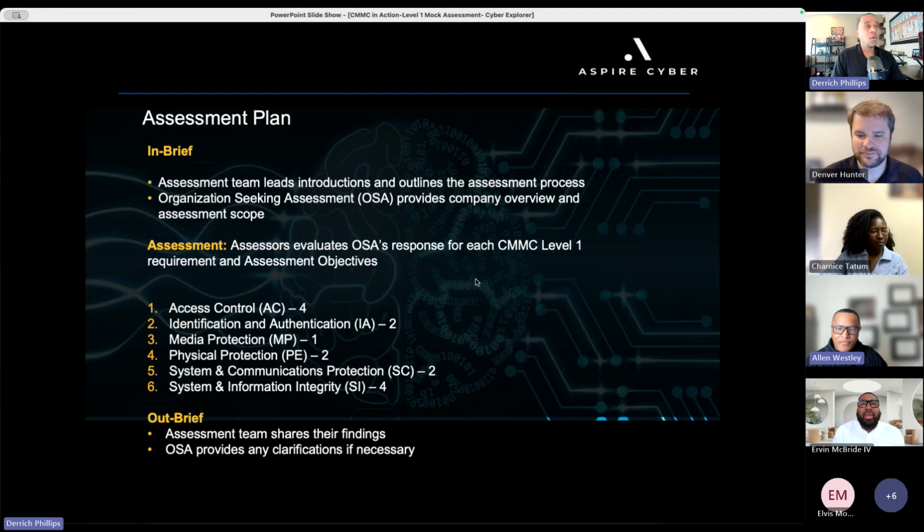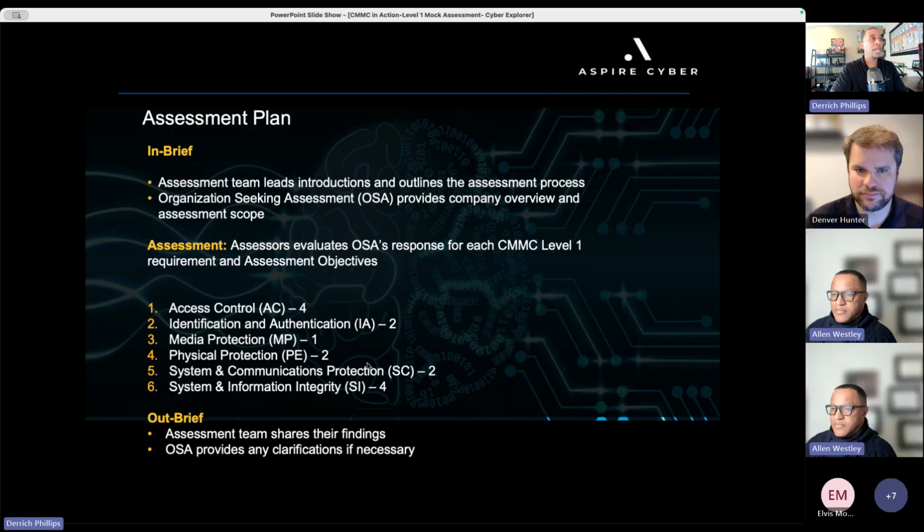Exciting. Just a high level overview as far as the assessment plan. Typically how it would work if an organization seeking assessment was bringing in external assessors, the lead assessor would do a kickoff meeting with all of the relevant stakeholders from that OSA. They would introduce their team, let them know how everything is going to flow during the assessment. So for level 1, there are 6 domains, and this shows you how many requirements per domain.